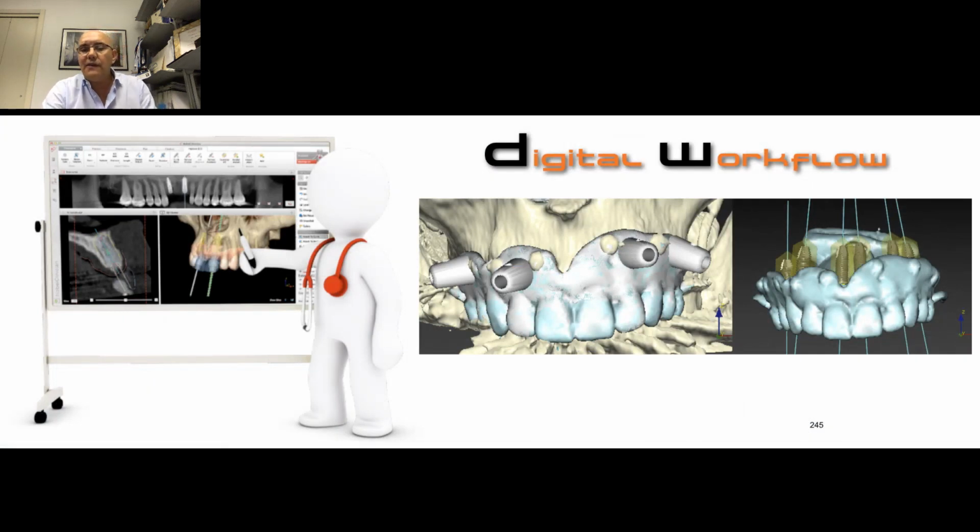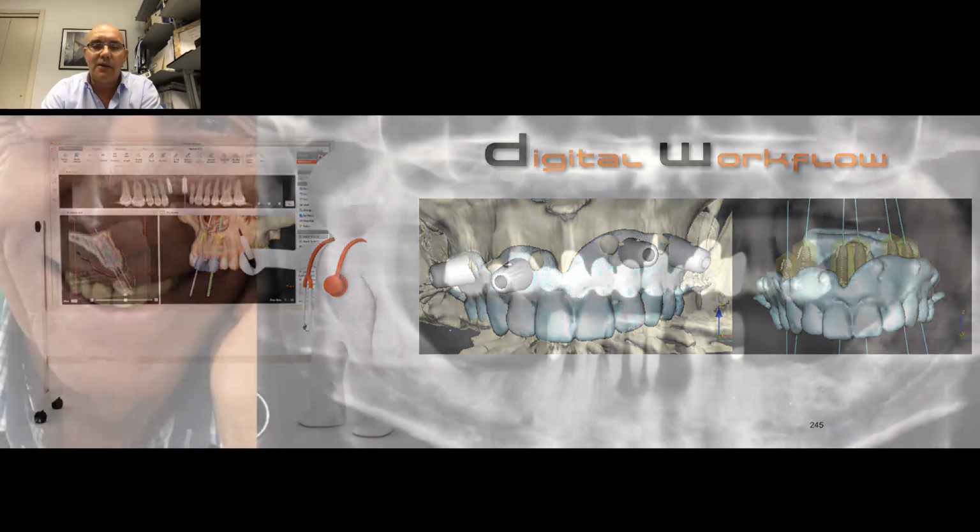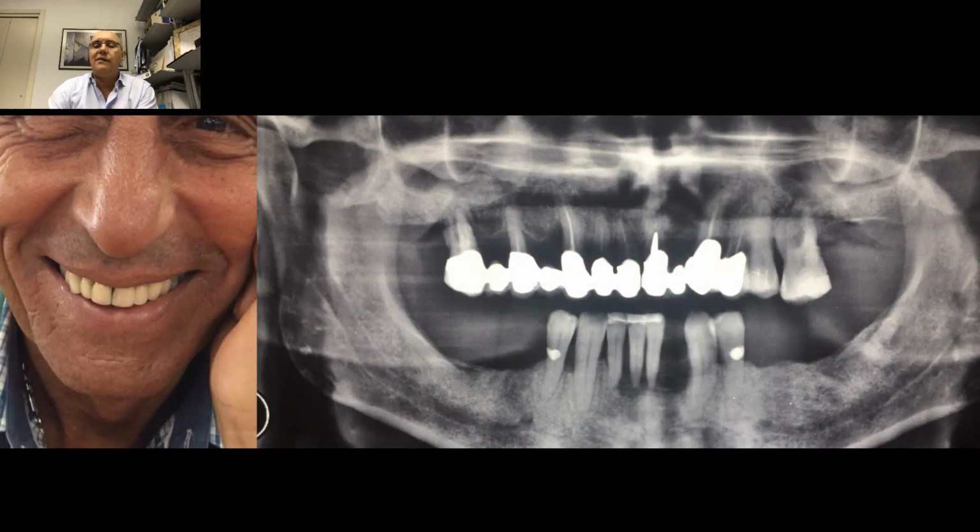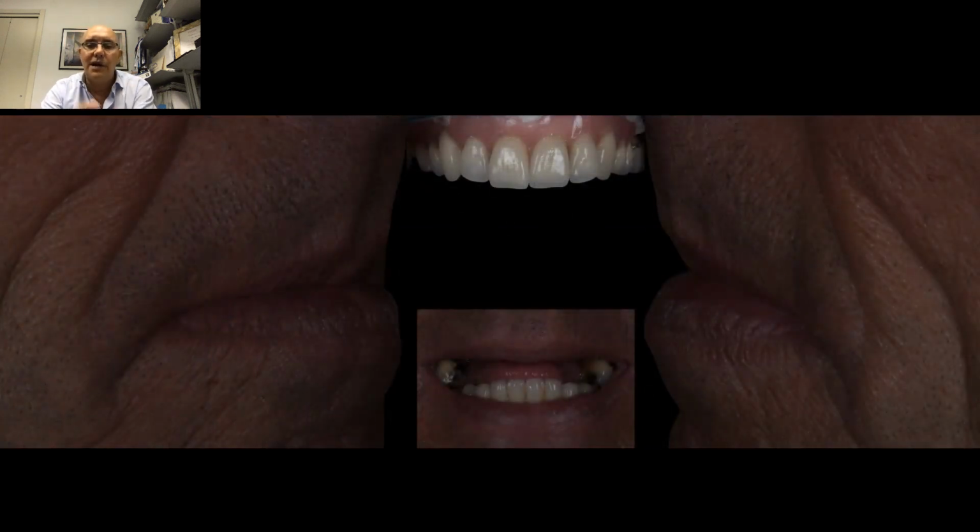Of course, nowadays the digital workflow helps us even to solve a critical situation, and here we see another complex case where we have advanced periodontal disease, so we have to have a strategy, and the strategy here is to have multiple extractions. In this case, we did not have yet the dentin grinder, so we had to extract all the teeth, put the bone graft, put a temporary full denture, and then wait for the healing, and then plan for a full arch case.